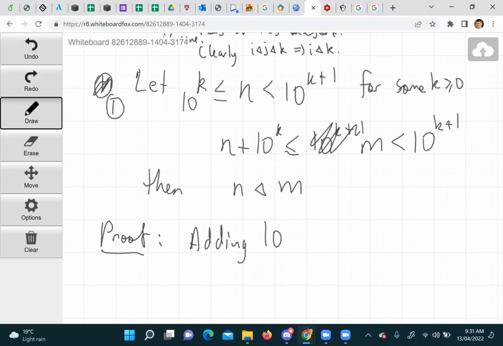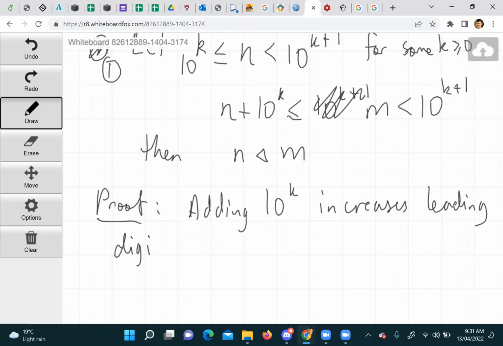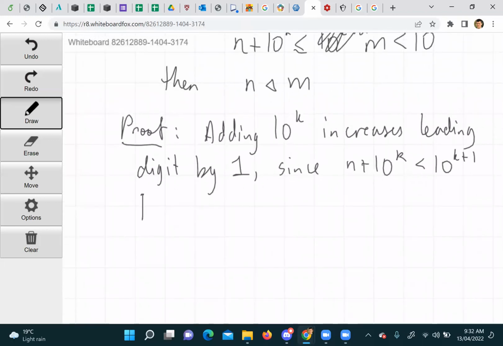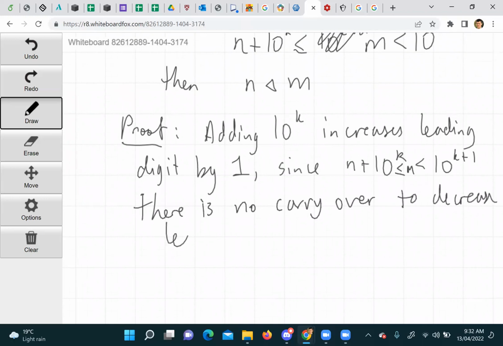Adding 10 to the k increases leading digit by 1, since m plus 10 to the k is less than 10 to the k plus 1, there is no carryover to decrease leading digit.